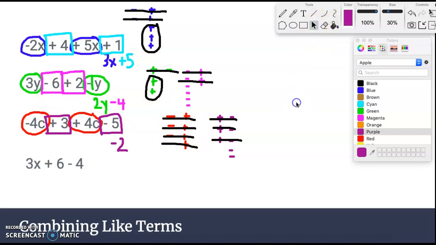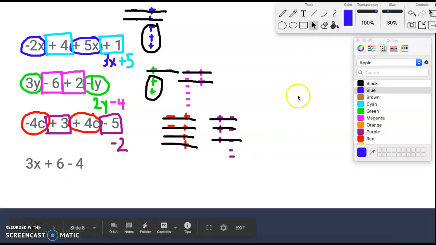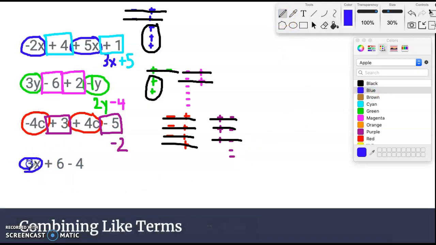Right? One more example before I have you try some. Right? This one, 3x plus 6 minus 4. Well, I notice that there's a 3x, but it doesn't match anything because there's no other x's. So that one's just going to stay 3x. And for my constants, I have positive 6 and I have negative 4.